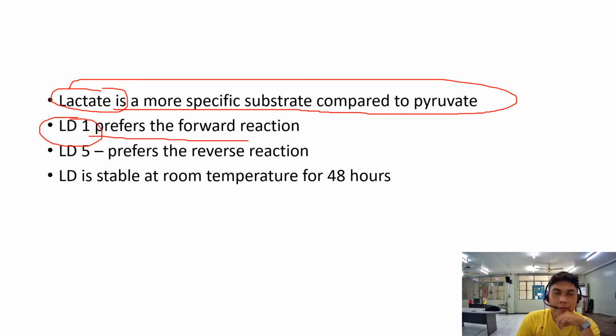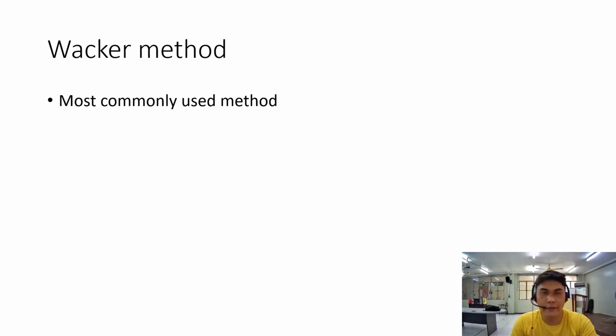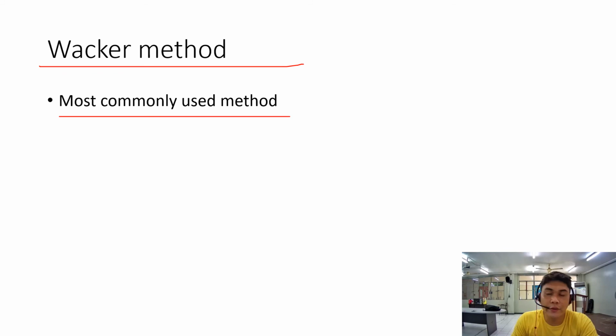LD1 prefers the forward reaction while LD5 prefers the reverse reaction. LD is stable at room temperature for 48 hours. So for the method, you have the Wacker method or the forward reaction. It's the most commonly used method. Why? It's because lactate is a more specific substrate for lactate dehydrogenase.